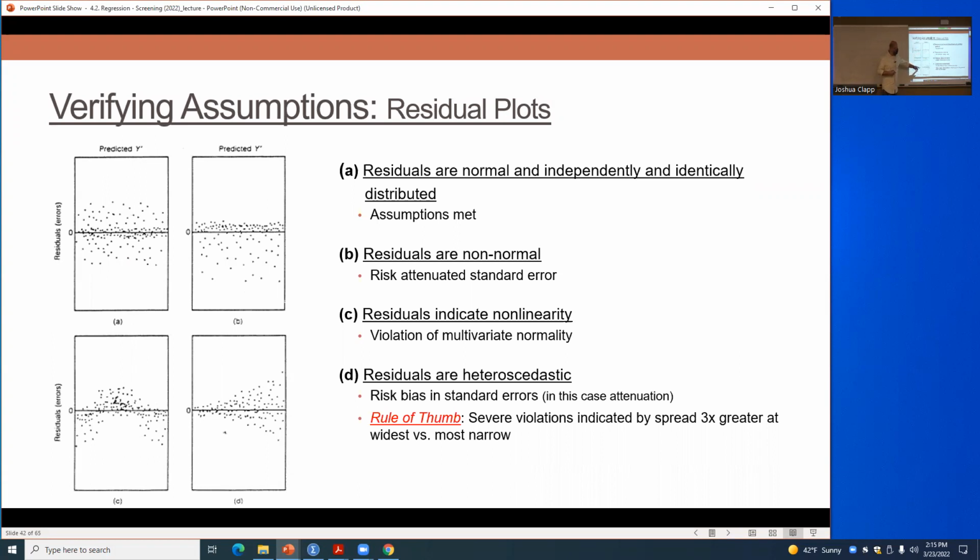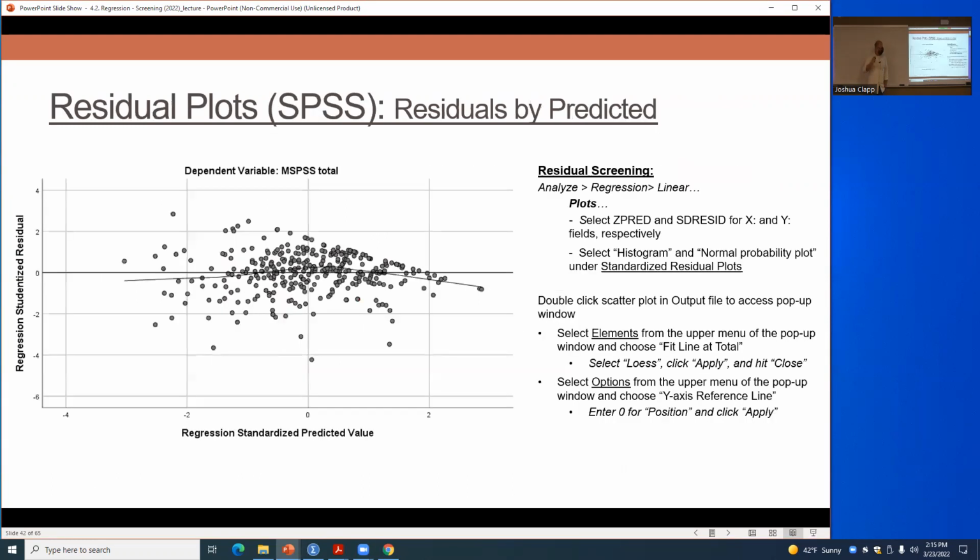We want to look for linearity stuff, right? Weird stuff like this where we see obvious non-linearities in our plots, and then heteroscedastic residuals. Again, what we're looking for are things where the widest spread is about 3 times the spread of the narrowest spot on our residuals, okay?